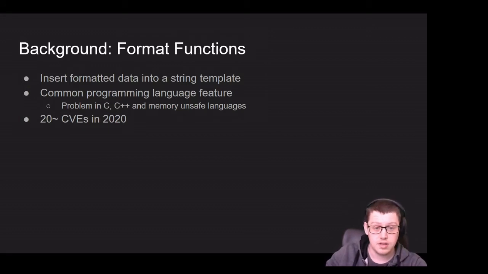Despite being discovered in the early 2000s, they are still prevalent and being discovered. There were around 20 CVEs issued in 2020. If you look on the CVE database and search for format string, you can find loads of examples.